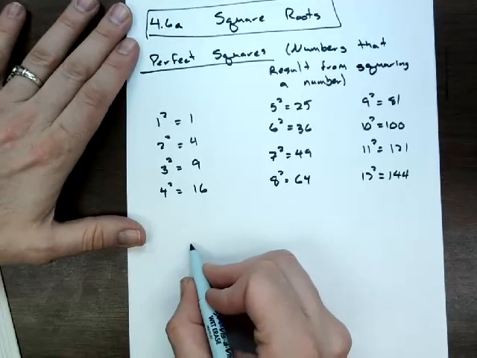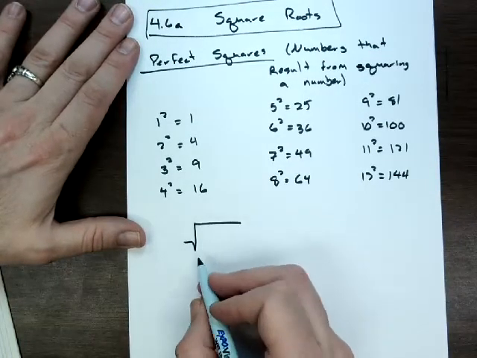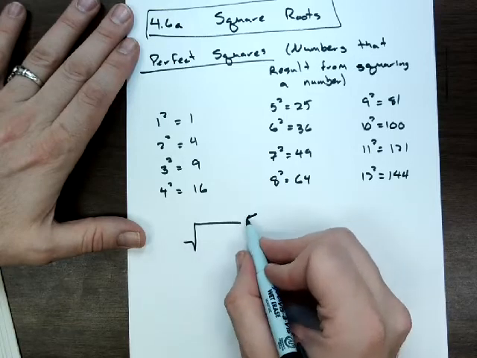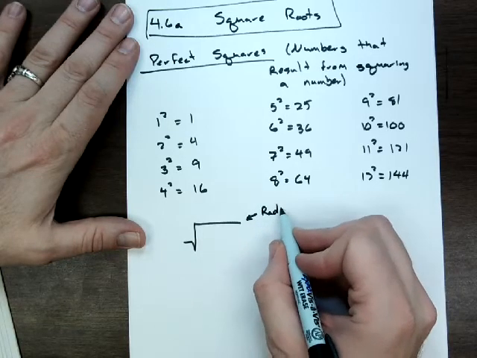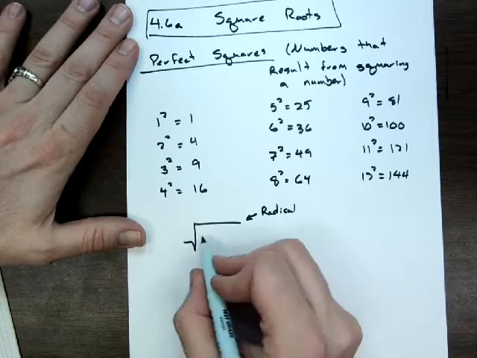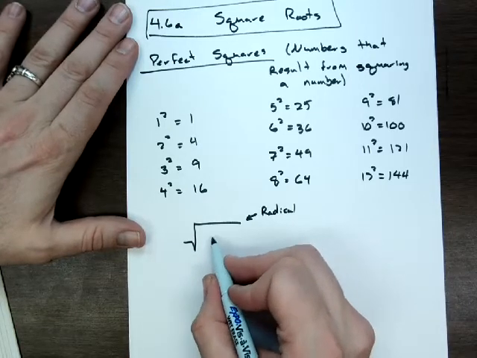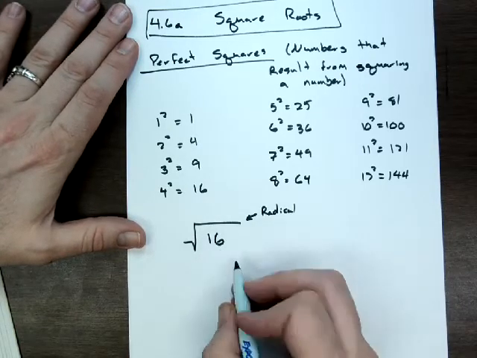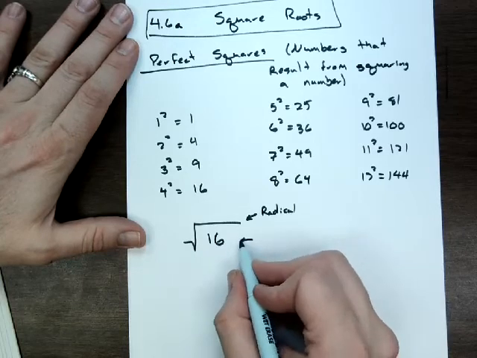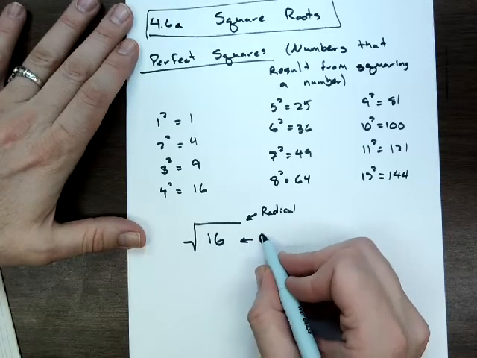And for what we call a square root, we use this symbol right here, which is called a radical. If we put a number under that radical, say 16, the number under here is called the radicand.